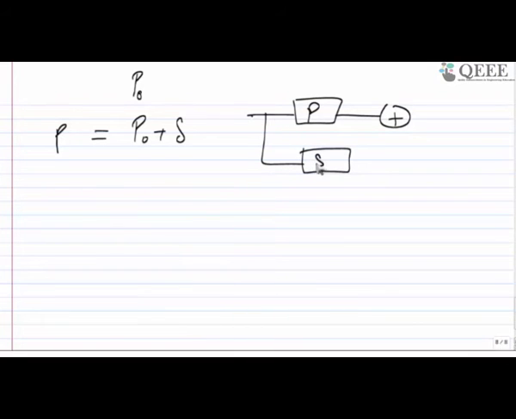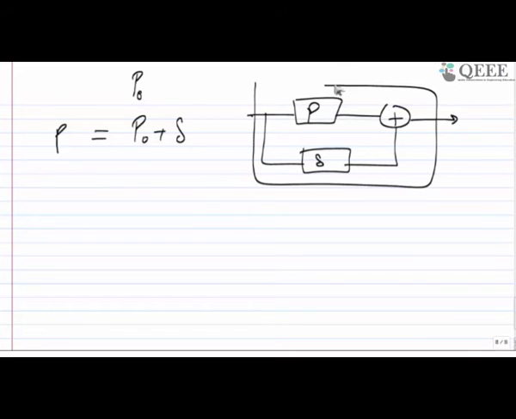Now my plant P is not P naught, but P naught plus some delta. If you have this P, all your stability conditions will change, and you don't know whether your system will possibly become unstable. This is how you can model them, with delta.